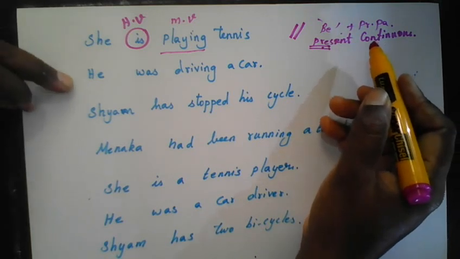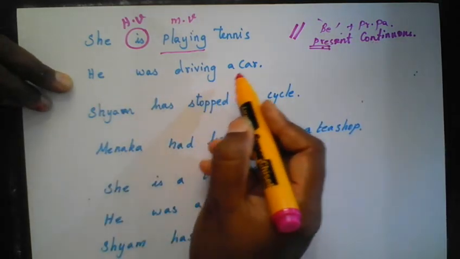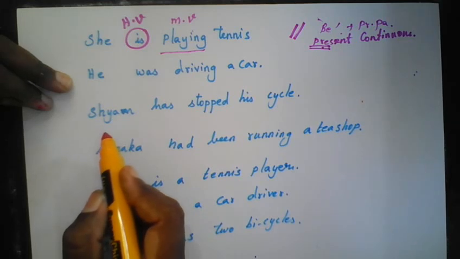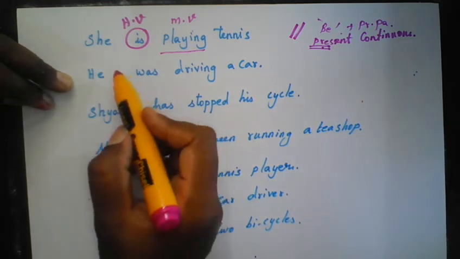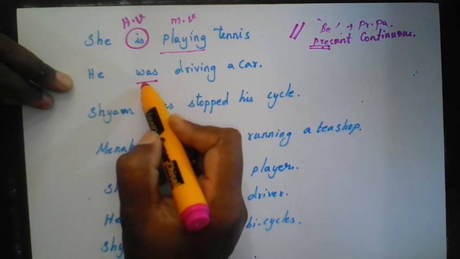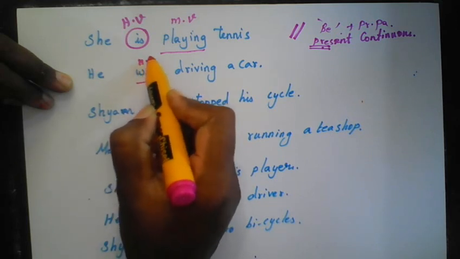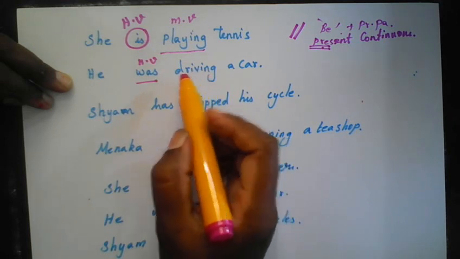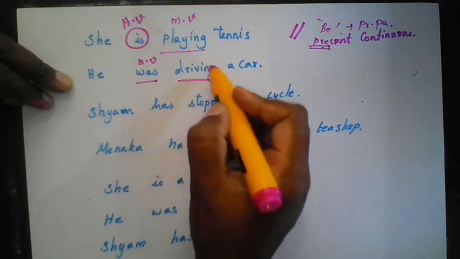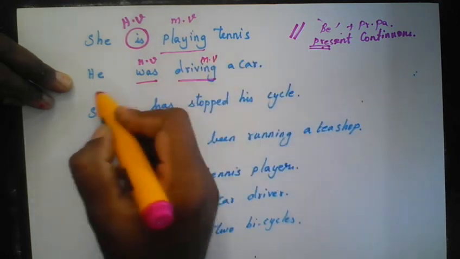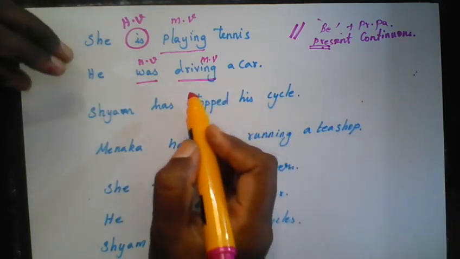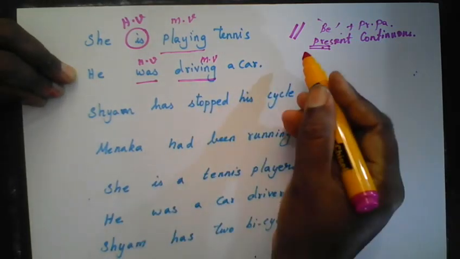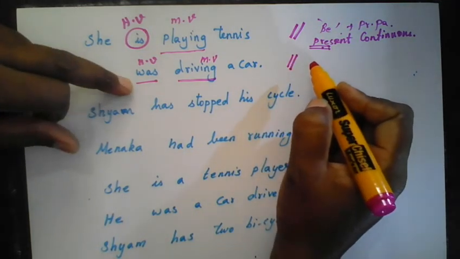Okay, now come here. He was driving a car. Superb. So was is your helping verb, and driving is your main verb, right? Driving a car. So here you have a be verb.